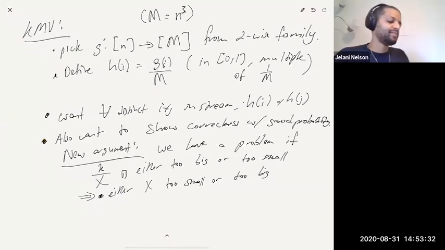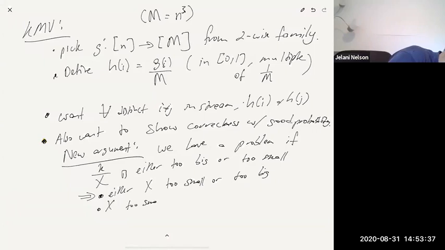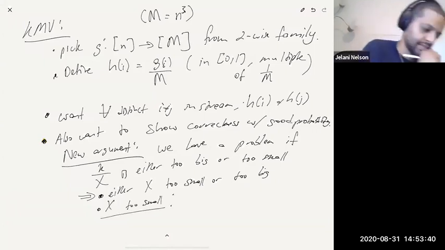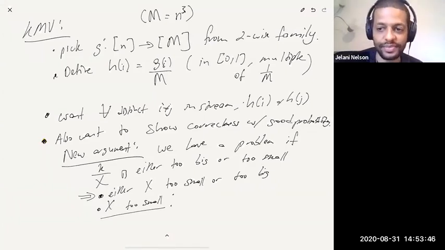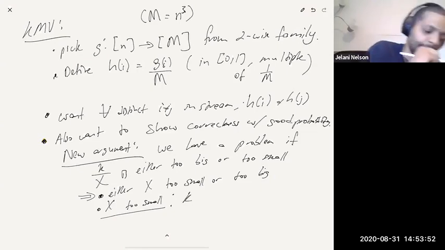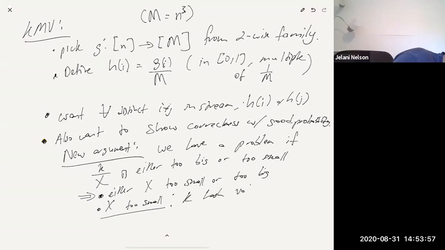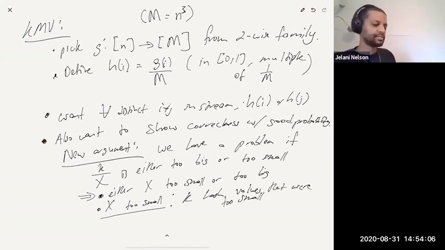Okay. Now, what does it mean that x is too small? Remember, x is the kth smallest hash value. So if x is too small, that means we had k hash values that were too small, like less than some threshold.